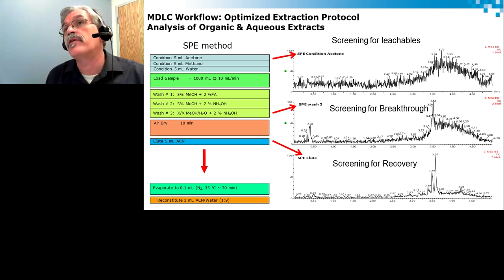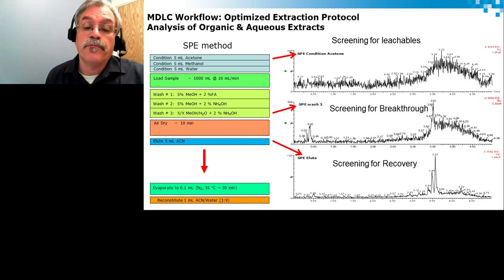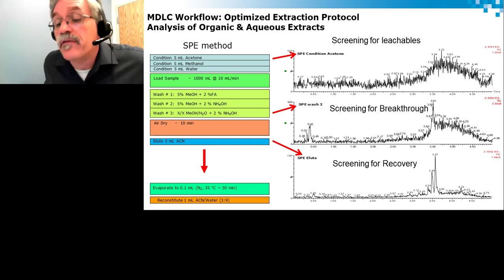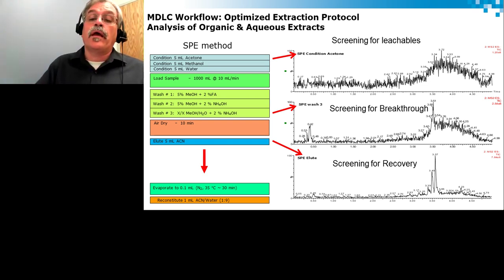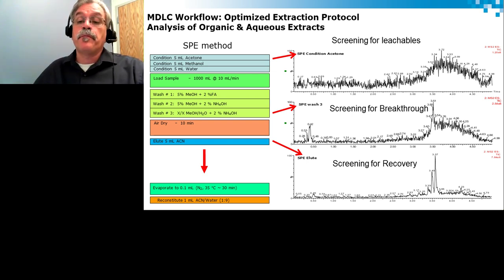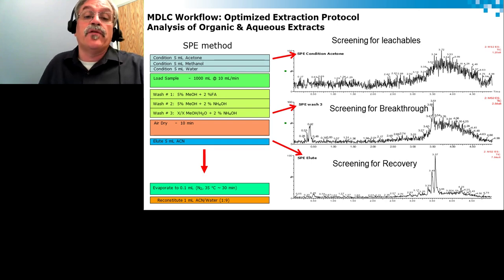A lot of the time, this is where you're going to see issues with evaporative dryness, what we call evaporative loss and redissolution problems. Especially for trace level analysis, usually an organic layer will give much better results. Based on that, we can go in and optimize our extraction procedure. We'll see exactly what needs to be seen.